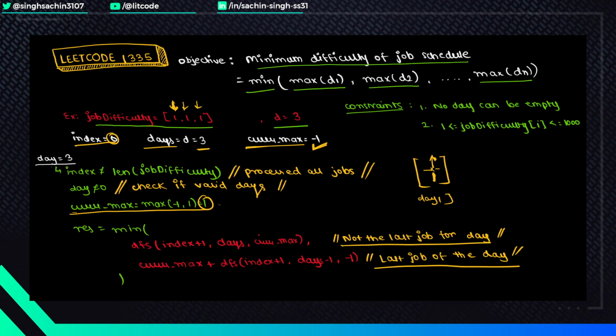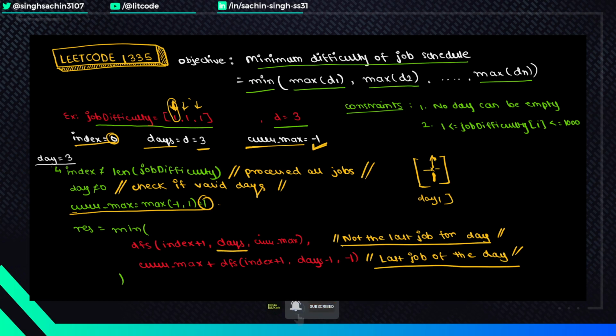So now, as I said, there will be two conditions with each job. Either that will be the last job for the day, or we can add further jobs to the day's schedule. If it is not the last job of the day, then we don't have to decrement anything in the number of days, right?